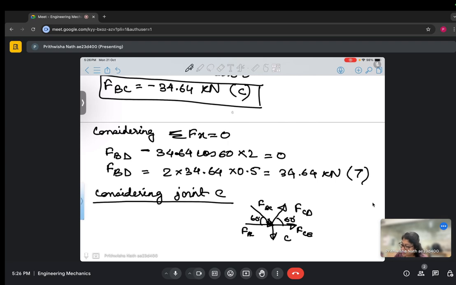So considering Fx to be 0, FAC minus plus FAC plus FCB.